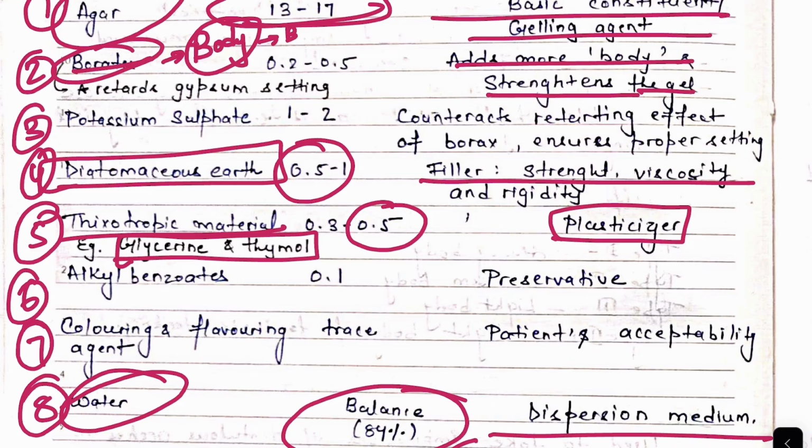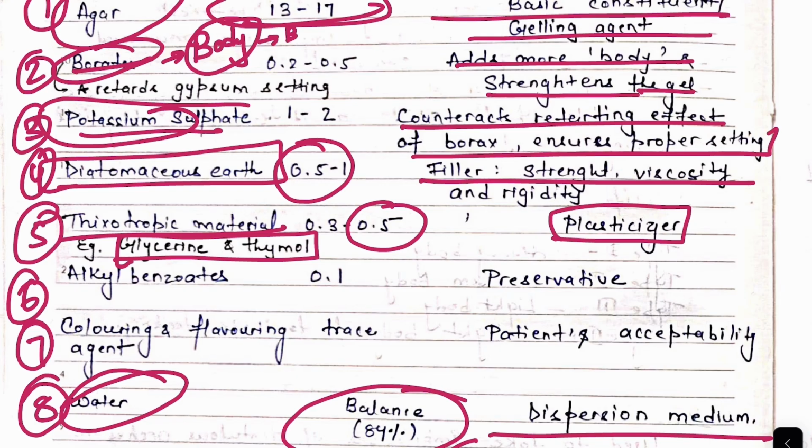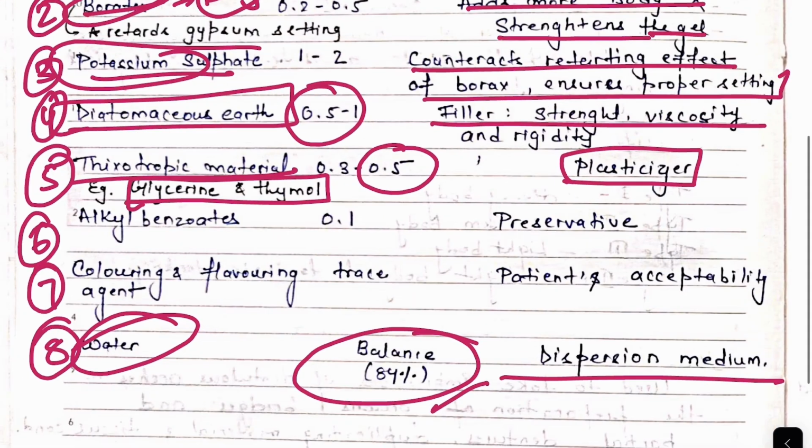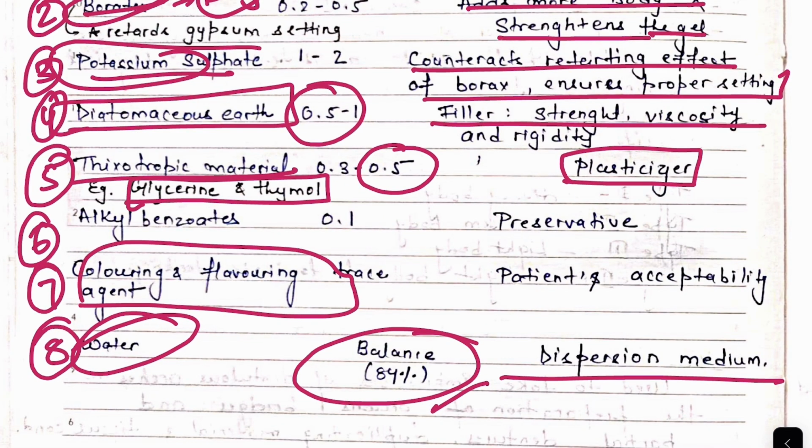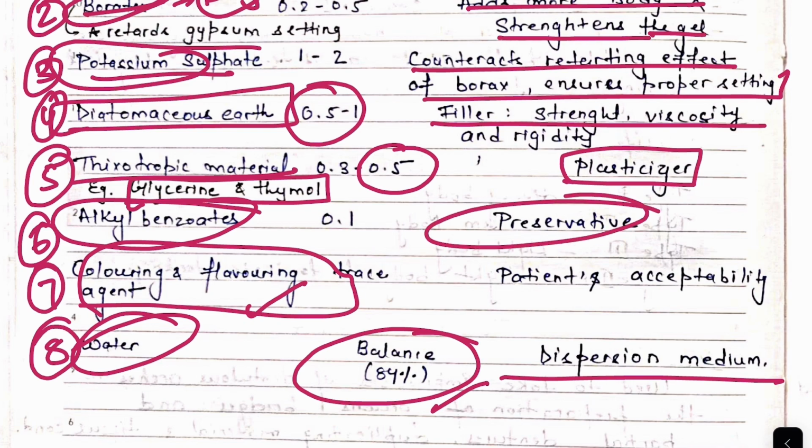To overcome that retarding effect, we have potassium sulfate. It decreases the setting time, increases the setting reaction of gypsum to overcome that effect. And then, as always, we have some coloring and flavoring agents because it's impression compounds. And we have alkyl benzoates, which is a preservative.